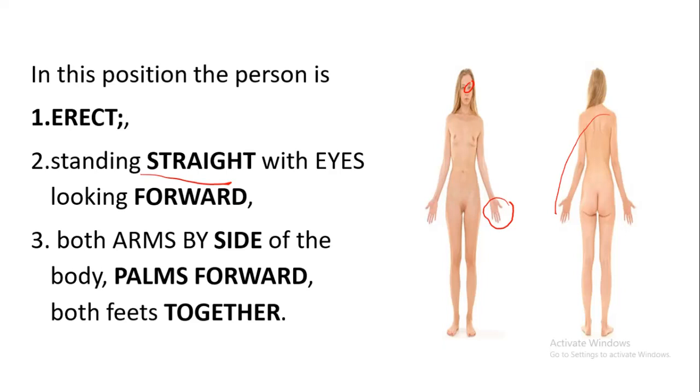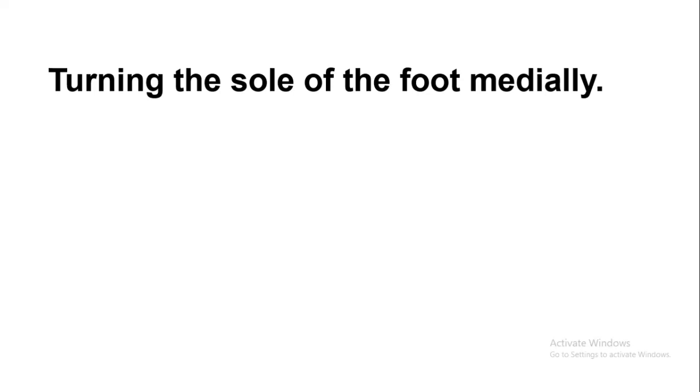Supine, someone is facing upward. There is also another position which is very important when we are delivering a baby, and this is known as the lithotomy position. As a medical student, you need to know it because it's a very important position when you are dealing with a maternity issue.